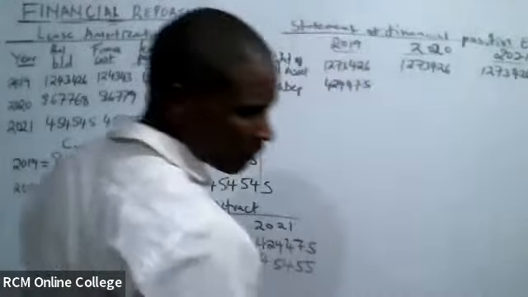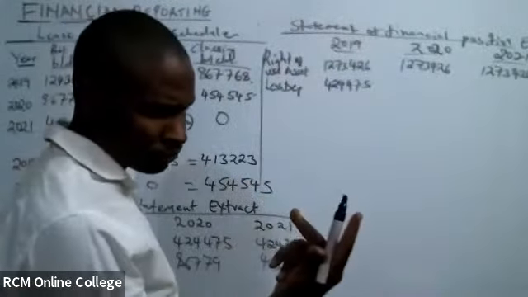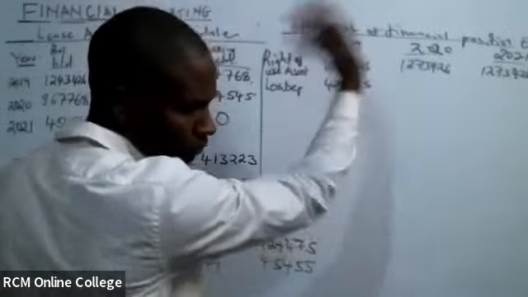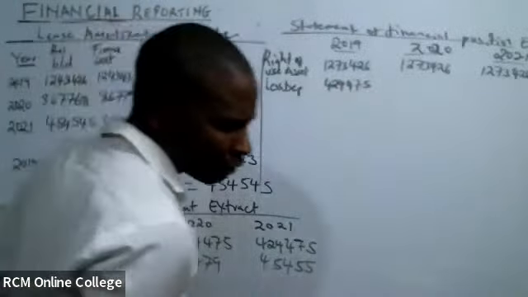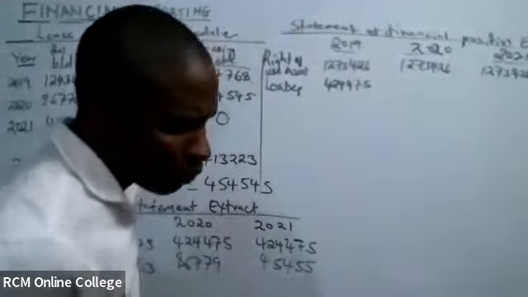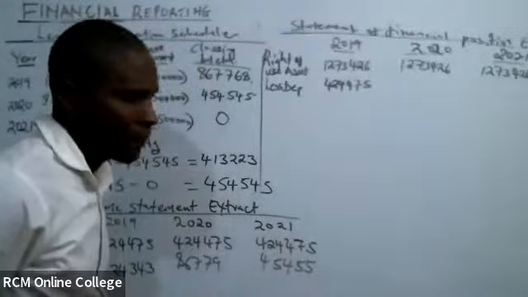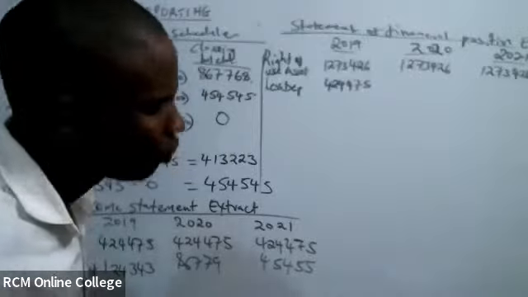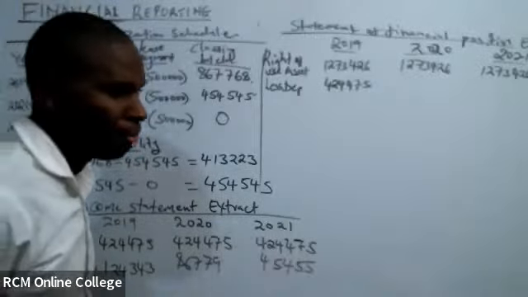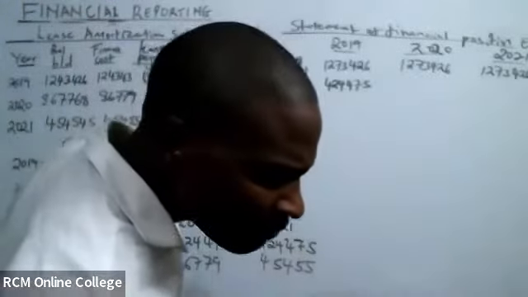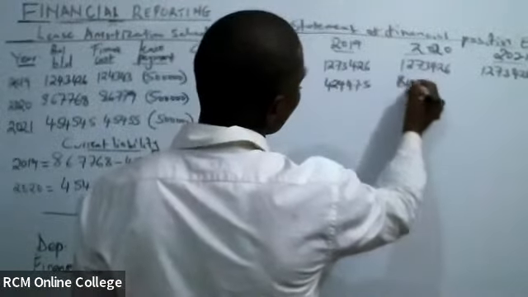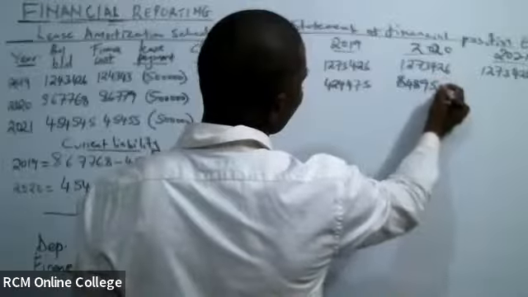Mwaka ya pili, it will depreciate twice. Si ndio? So itakuwa twice, mara mbili. Itakuwa 424,475 times 2, 848,950.